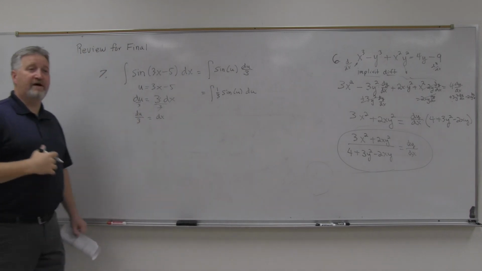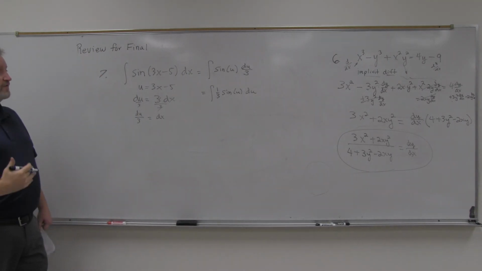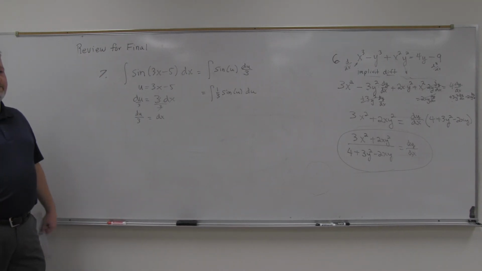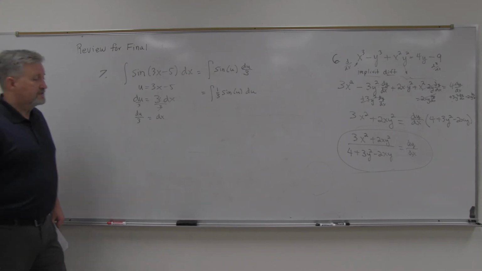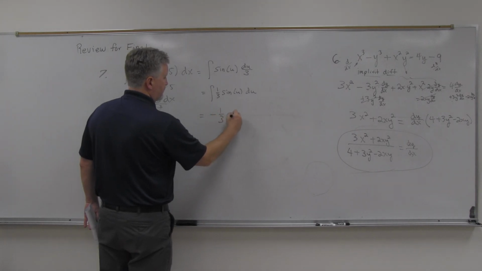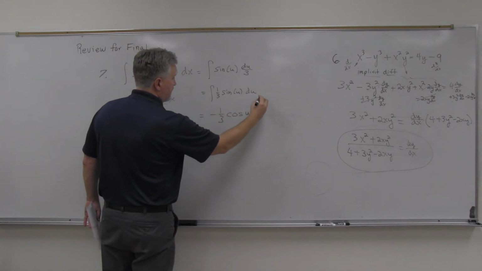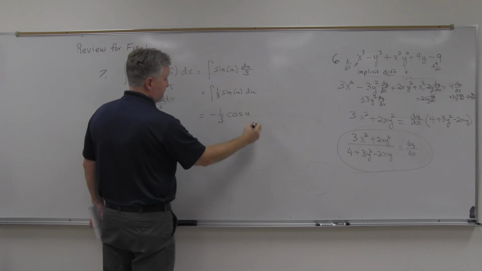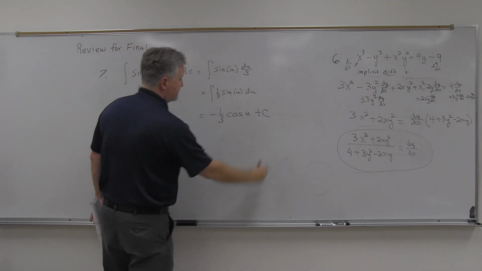I know the antiderivative of sine of u is negative cosine. So this would be negative 1/3 cosine of u. And since this is an indefinite integral, we need the plus C there.